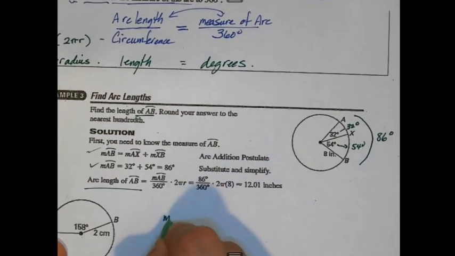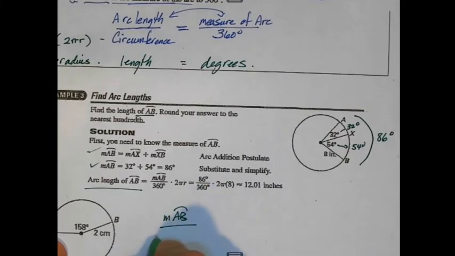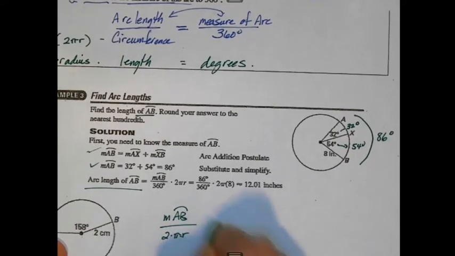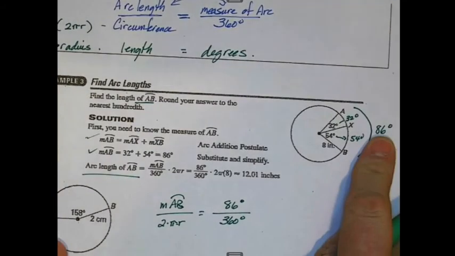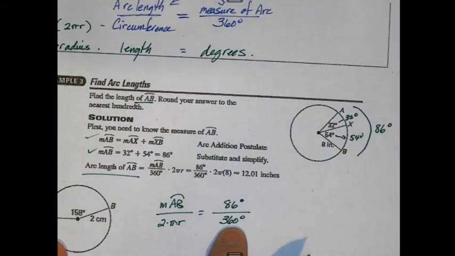So the measurement of arc AB over the circumference, which is 2 times pi times r, is going to equal 86 degrees over 360 degrees, because I'm given my 86, and my total is 360.